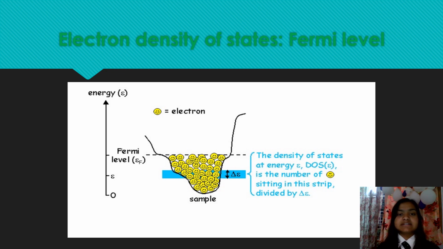Now, energy, density of states, and Fermi level. This is the Fermi level denoted by epsilon F. This is the energy. These smileys are the electrons. Now this is a sample. The density of states at energy epsilon is the number of electrons sitting in the strip divided by delta epsilon.